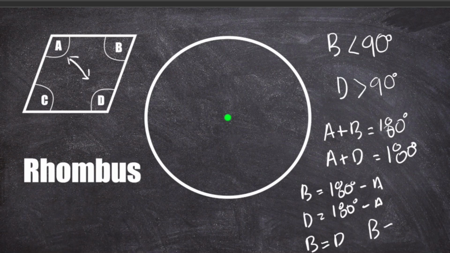So B cannot be D. One of these two equations is incorrect.